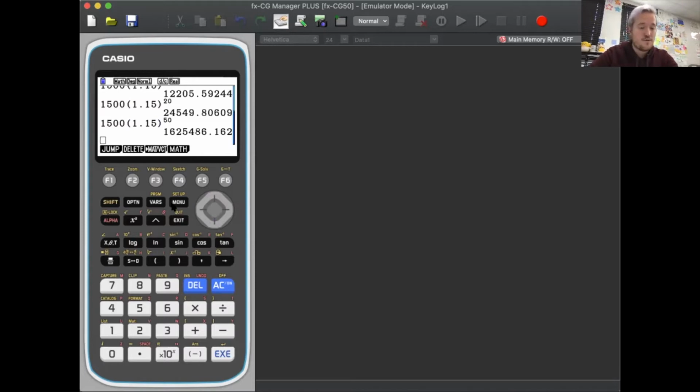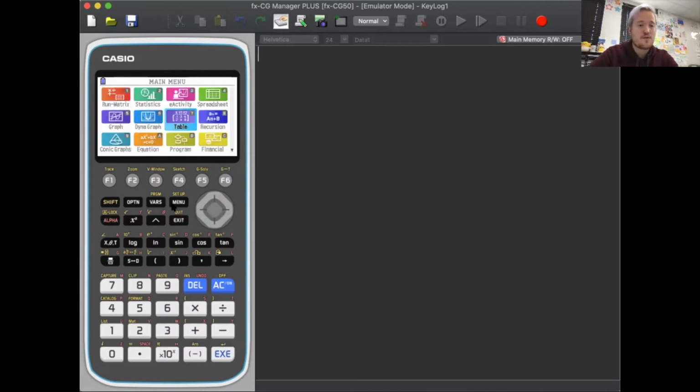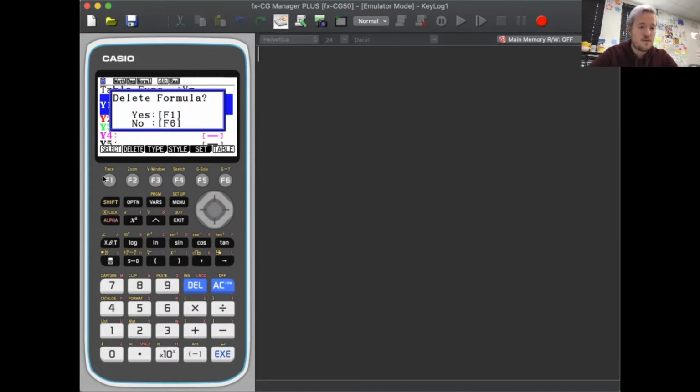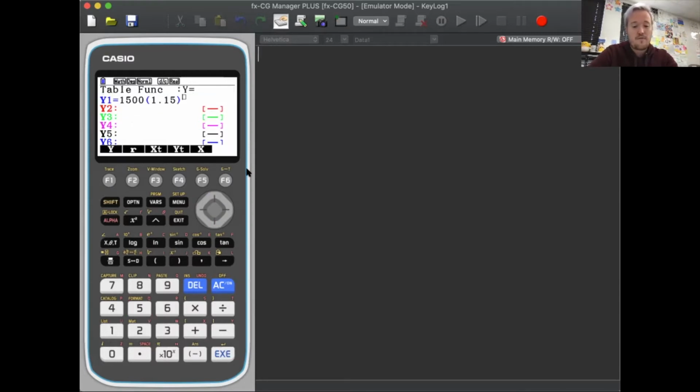Now, you also have the option of doing this in the table. So delete, goodbye. You can do 1,500 times 1.15 raised to the x. Oh, shoot, I just realized you can't type the letter x, you actually have to use the variable x. Otherwise, it will not compute. Then go to table. This is good for the first few years.